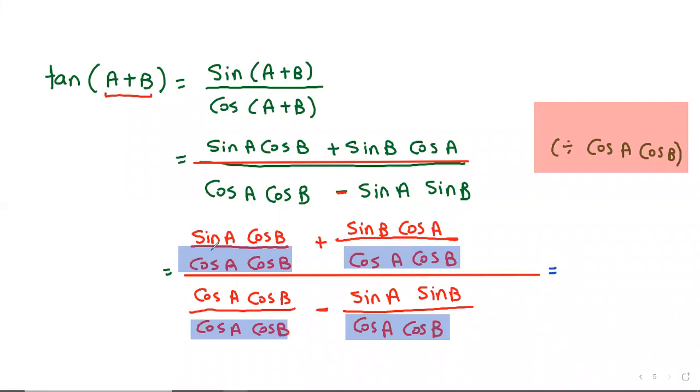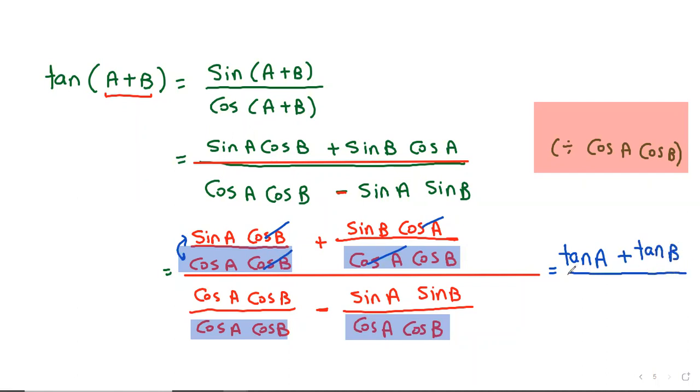Sine A divided by cosine A is equal to tan A. And cosine B, they are going to be cancelled. Here we have cosine A and cosine B, they have been cancelled, and you are left with sine B over cosine B. So it's a plus sine B divided by cosine B, which is tan B.